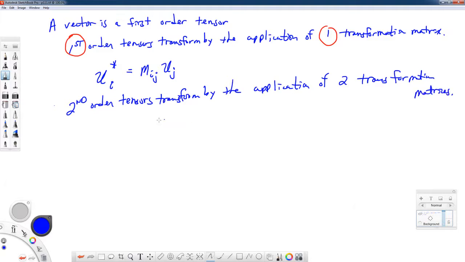Okay, so for example, if I want the components of a second order tensor in a new coordinate system, say components Wij star, then I would have the transformation matrix Mik Mjl times the original components Wkl. And you see the free indices.